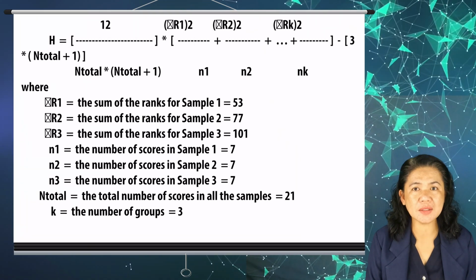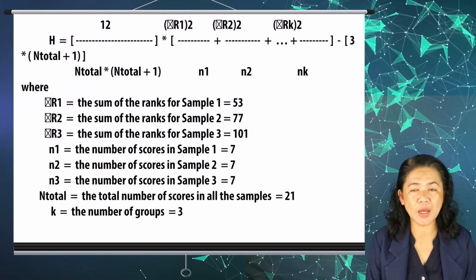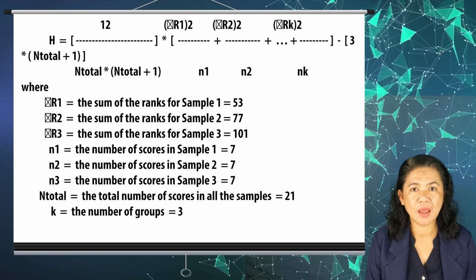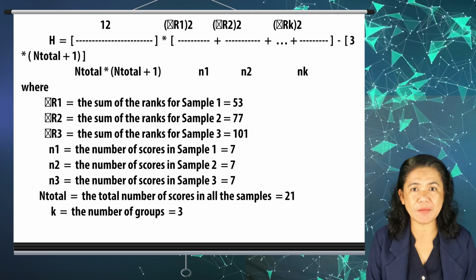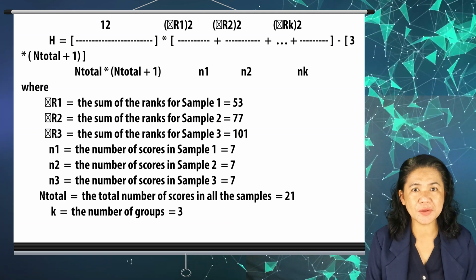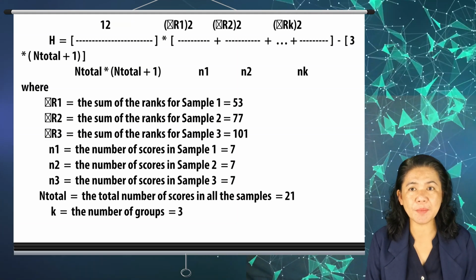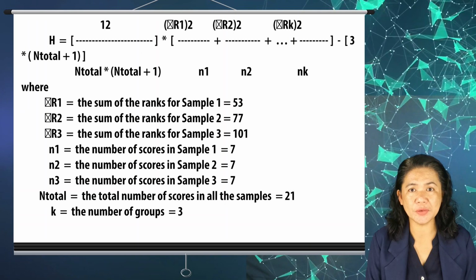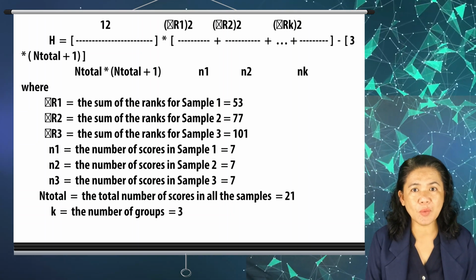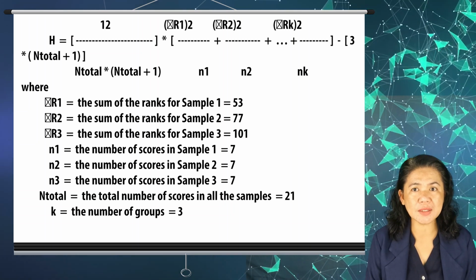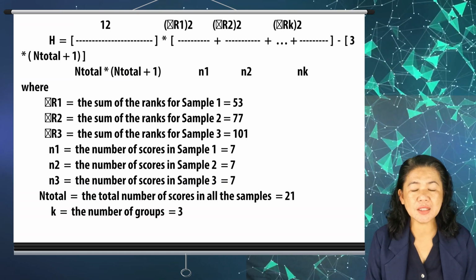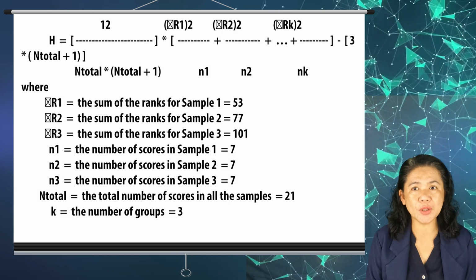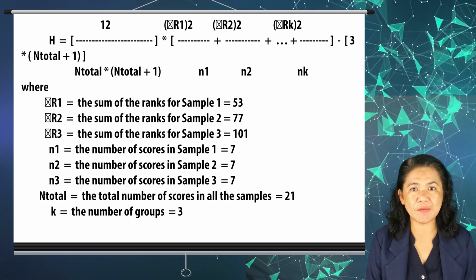SR sub 1 is the sum of the ranks for sample 1, which is 53. SR2, the sum of the ranks for sample 2, which is 77. SR3, the sum of the ranks for sample 3, which is 101. N sub 1 is the number of scores in sample 1, which is equal to 7. N sub 2 is the number of scores in sample 2, which is also equal to 7.